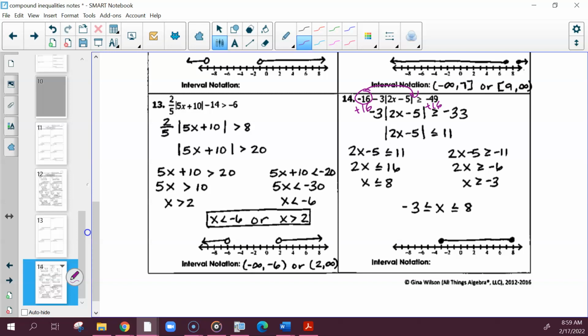Divide by -3. That changes the direction of your sign. So it was an or, now it's an and. And then here, this is isolated, so this should stay the same. And then greater than or equal to -11. Add 5 on both sides. Divide everything by 2.